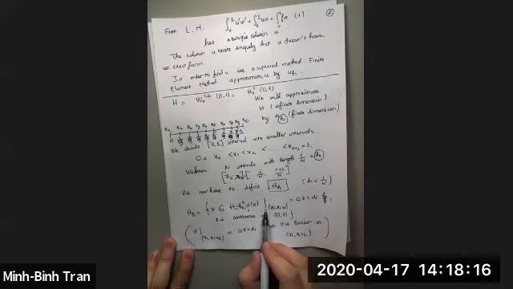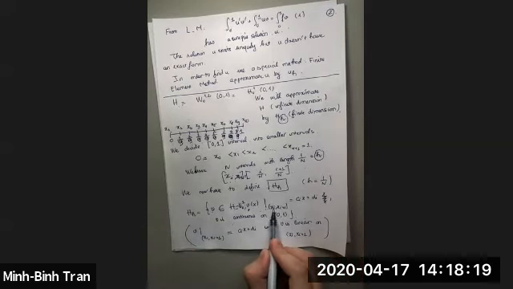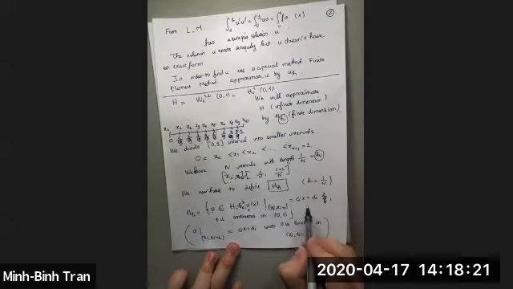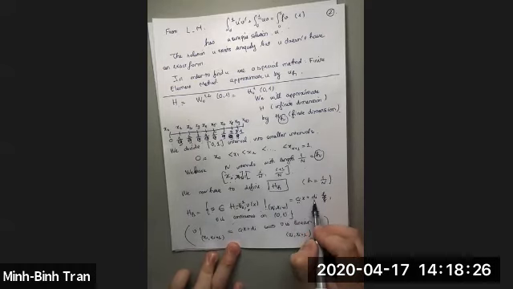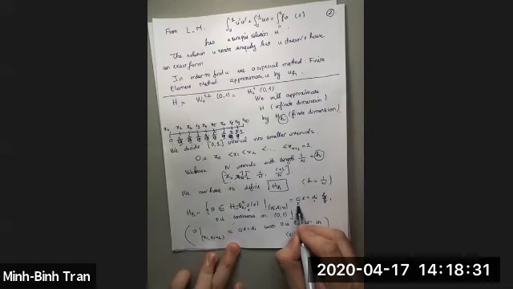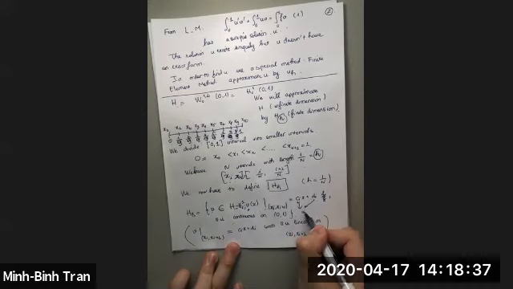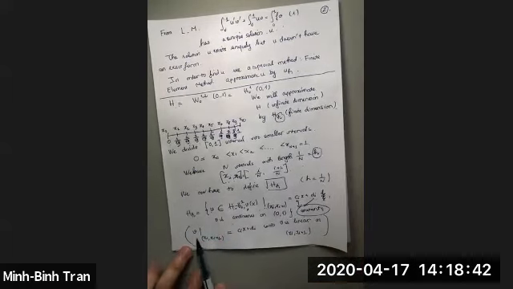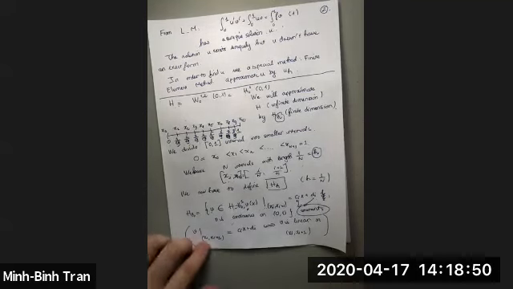When you restrict v on this interval, you have something of the form ci x plus di, a linear function in which ci and di are constants. In other words, when you restrict any function in this space, you have a linear function on each of the smaller intervals.